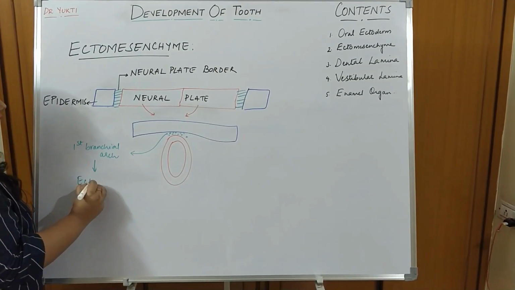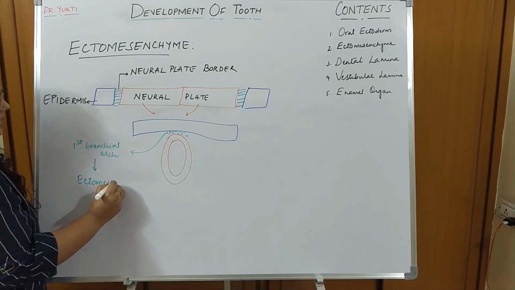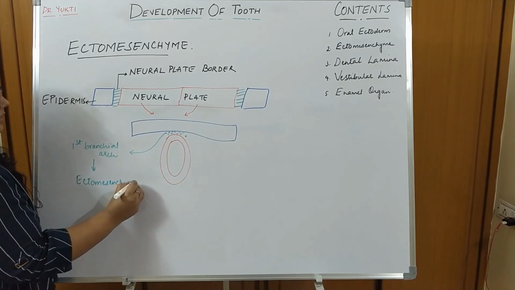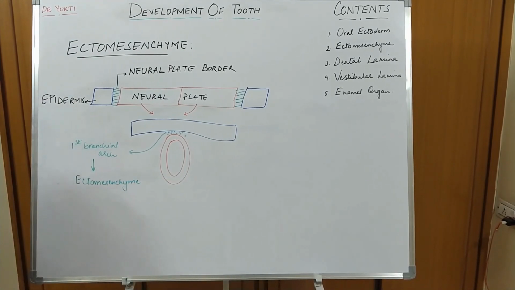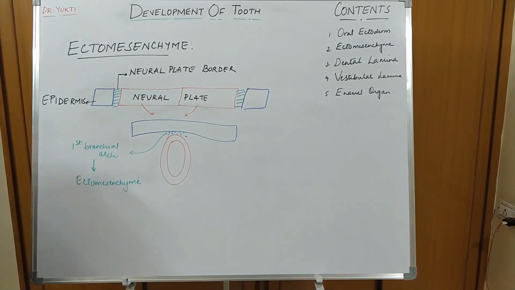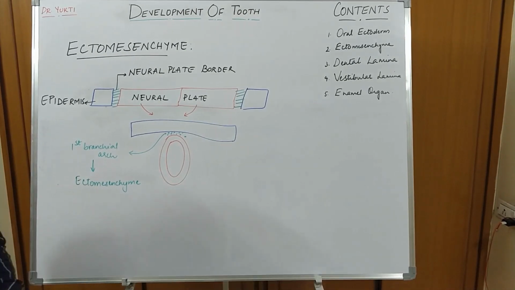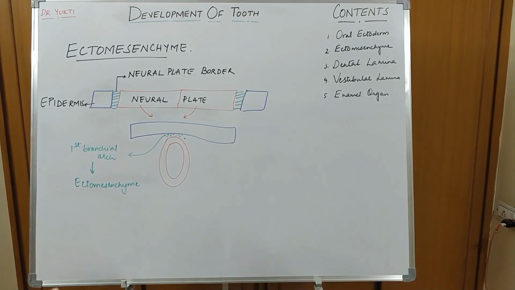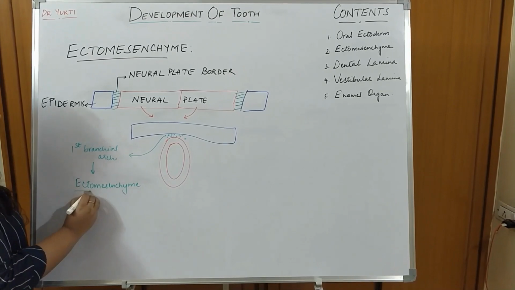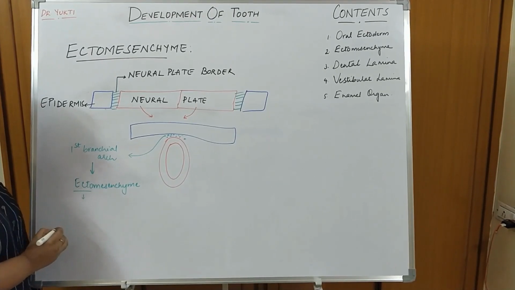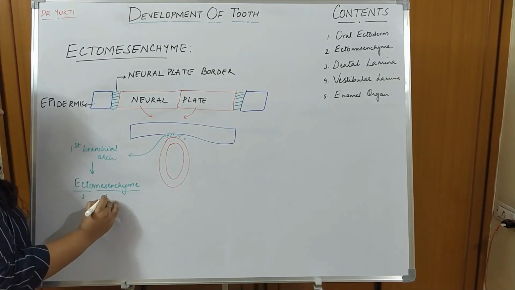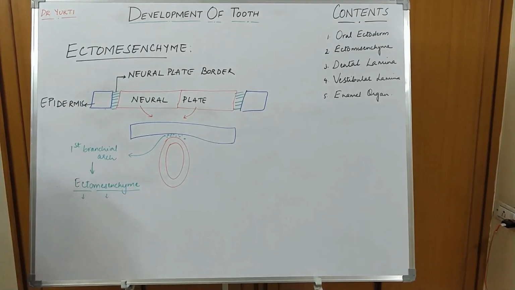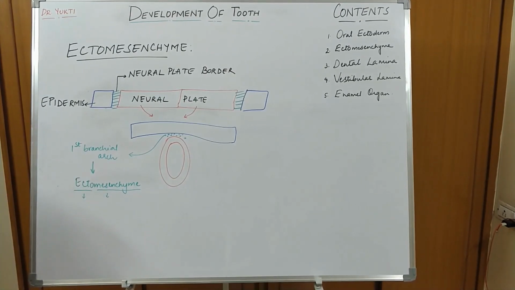So this is how ectomesenchyme comes to lie beneath the oral ectoderm, and it is of neural crest cell origin. Ectomesenchyme derives its name because partly it is derived from the ectoderm, and partly from the mesenchyme, that is, the neural crest cells. That is why it is called ectomesenchyme.